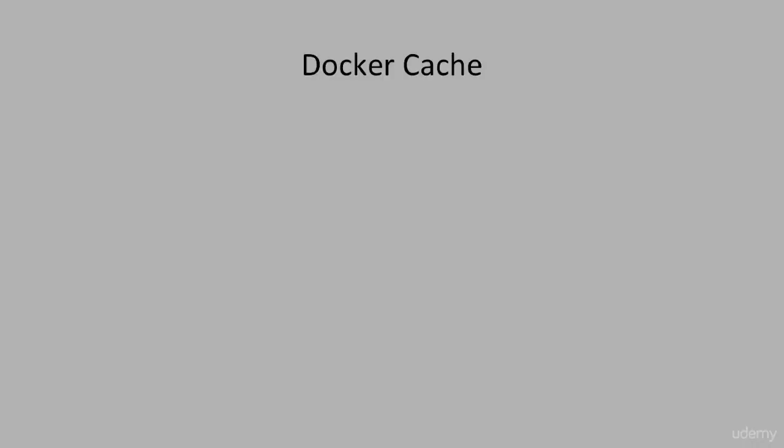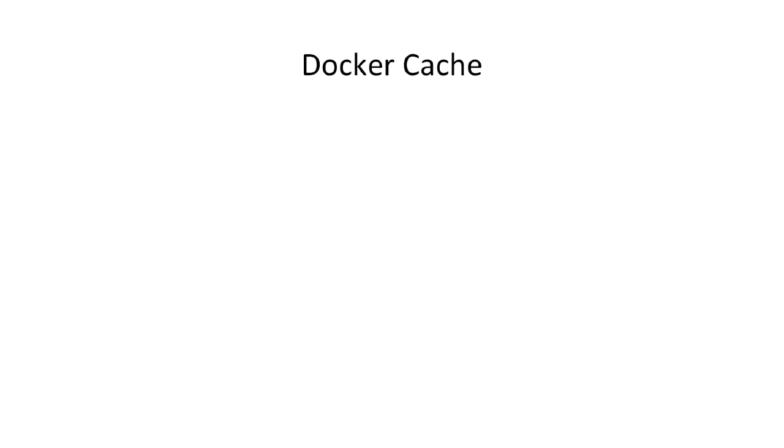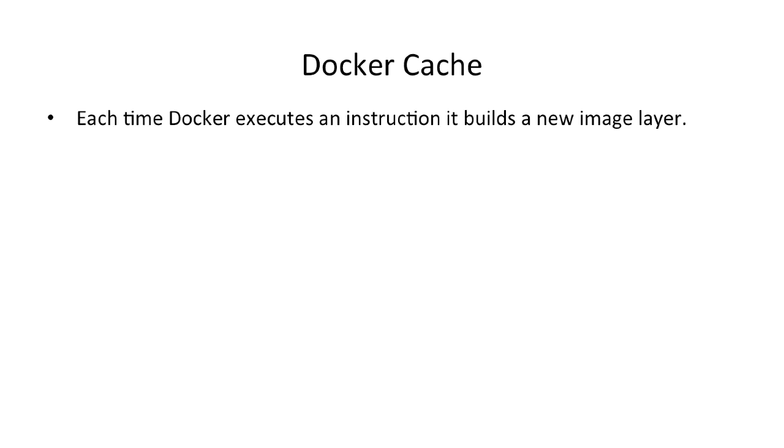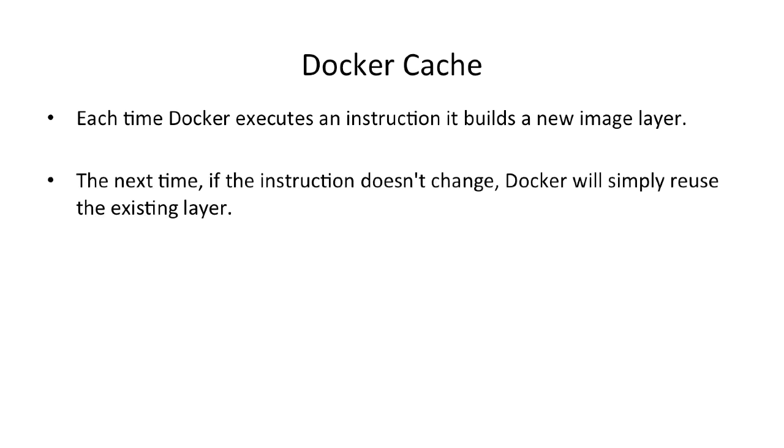The next topic we're going to talk about is the Docker cache. You probably have already noticed the last Docker build is much faster than the first build. That is because of the Docker cache. Each time Docker executes an instruction, it builds a new image layer. The next time, if the instruction doesn't change, Docker knows the image layer already exists, and rather than building it again, Docker will simply reuse the existing layer.